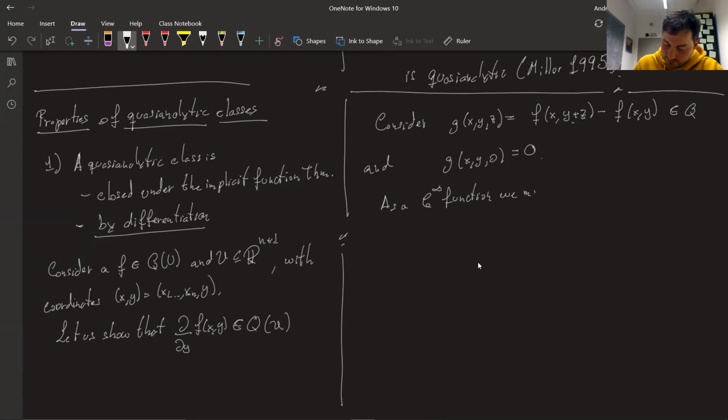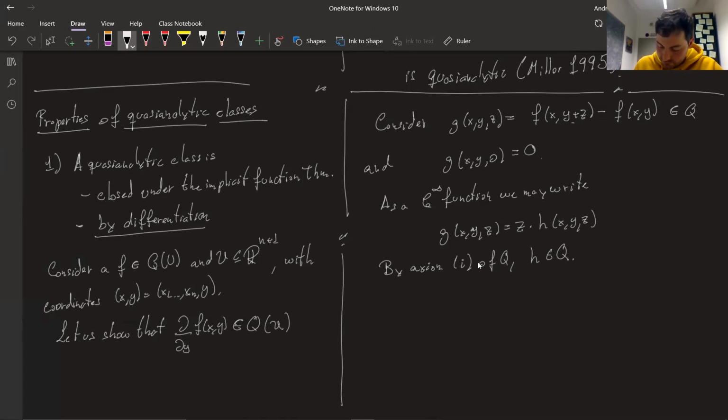As a C-infinity function, since it's 0 along all of z equals 0, we may write that g is equal to z times another function h(x, y, z). Since Q is closed by division by a monomial, axiom 1 of Q, h actually belongs to the class itself.